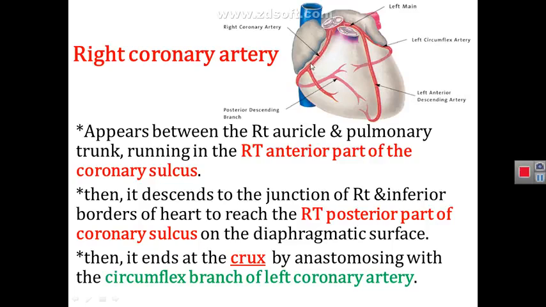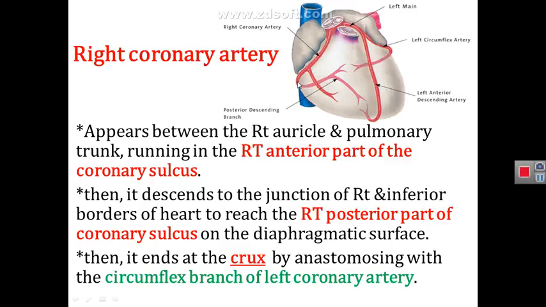Then it descends in the anterior right coronary sulcus, which is between the right atrium and right ventricle, until reaching the corner of the lower border of the heart, between the right border and the inferior border.